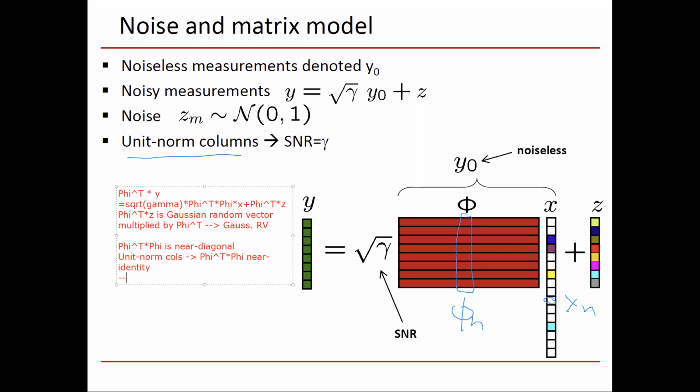So therefore, square root of gamma times phi transpose phi x is approximately square root of gamma times, well, phi transpose phi is approximately the identity, so I'm just multiplying by x. That's it.